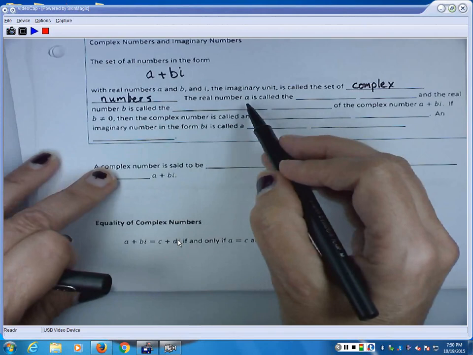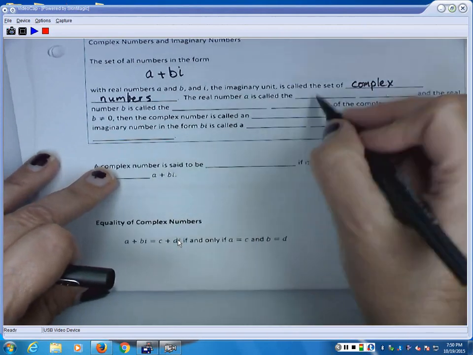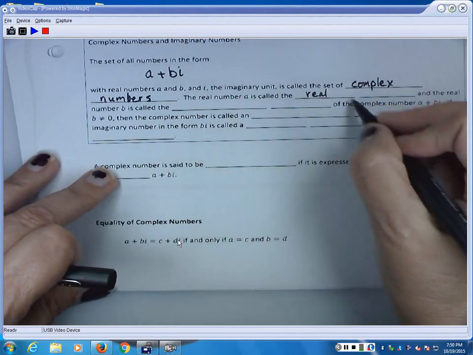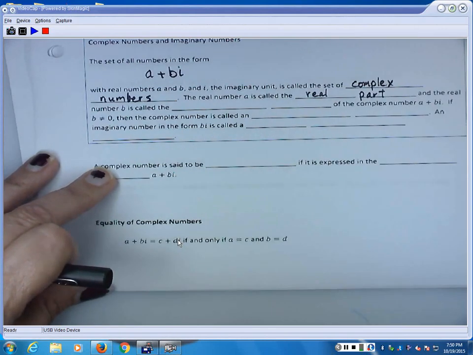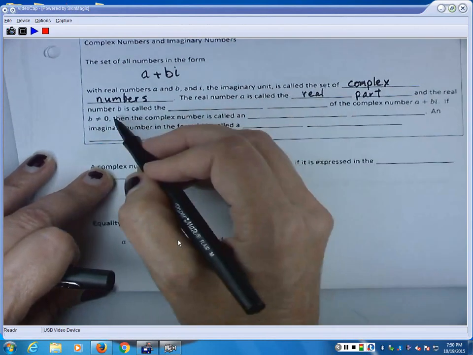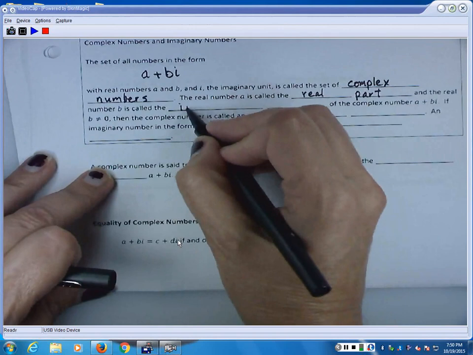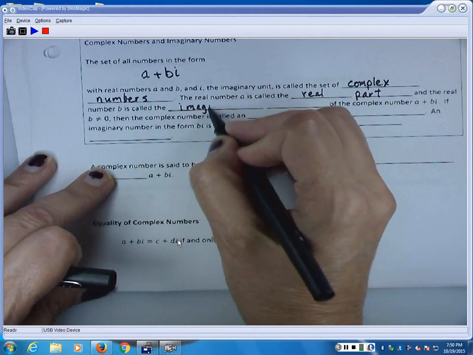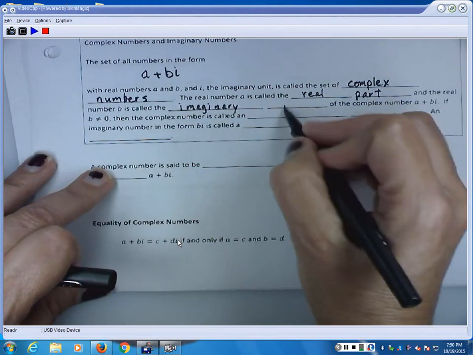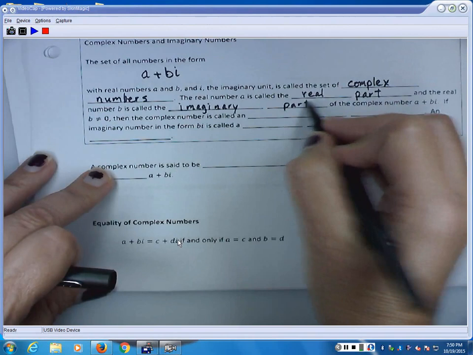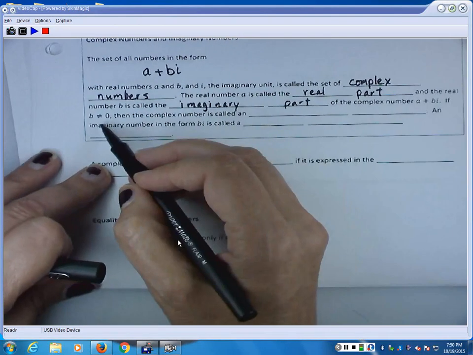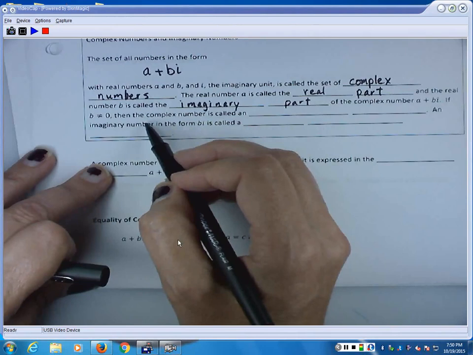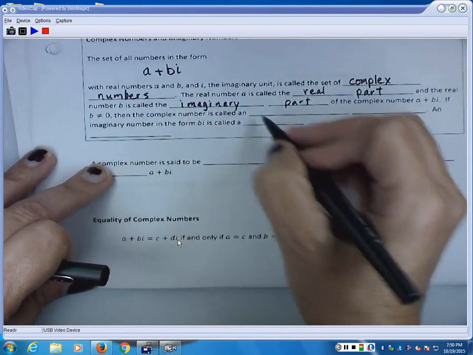The real number a is called the real part. It's really imaginative here. The real number b is called the imaginary part of the complex number a plus bi. If b is not equal to 0, then the complex number is called an imaginary number.